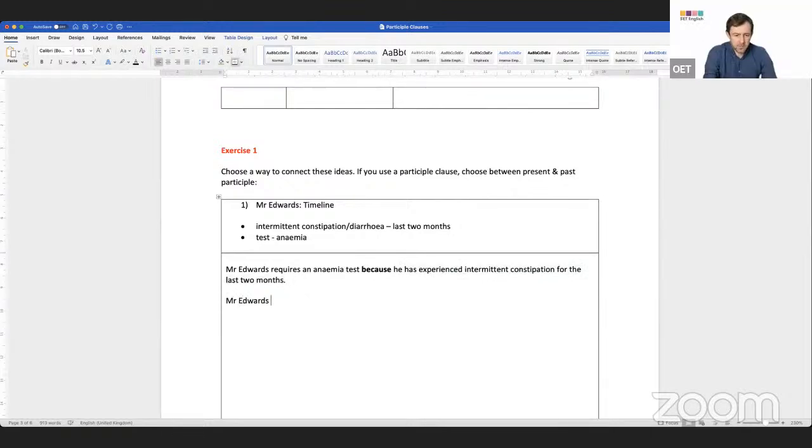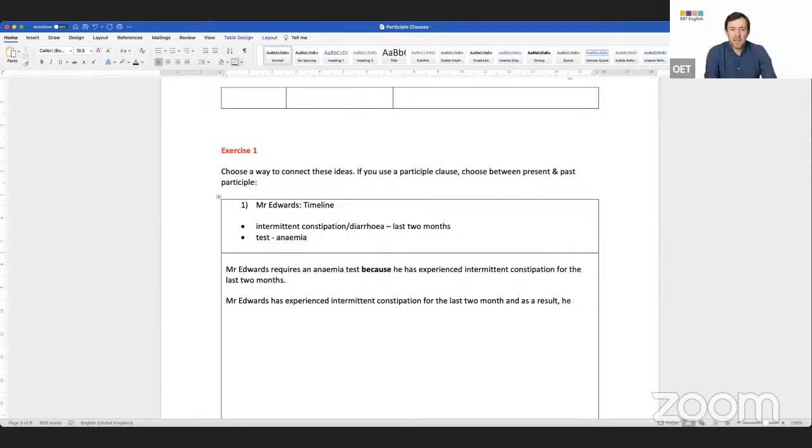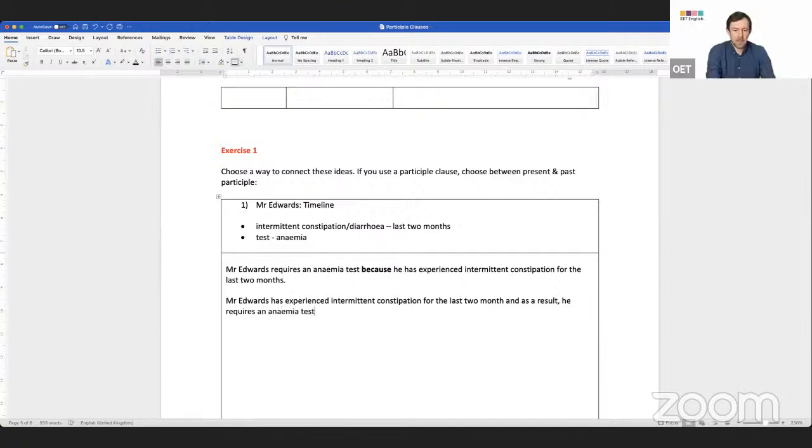Mr. Edwards has experienced intermittent constipation for the last 2 months, and as a result, he requires an anemia test. I would just put he requires. Let's just keep it simple. Okay, that's nice. That's a really good way to do it.